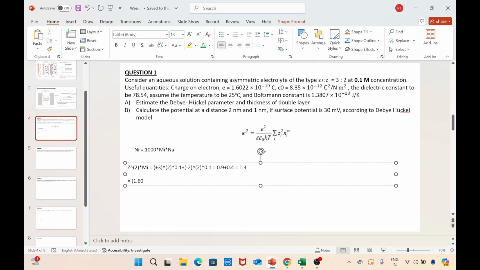So it is 1.6022, that is your E, times 10 to the power minus 19, whole square, times the Avogadro number, which is 6.023. If you have solved and you have the answers, please let me know.